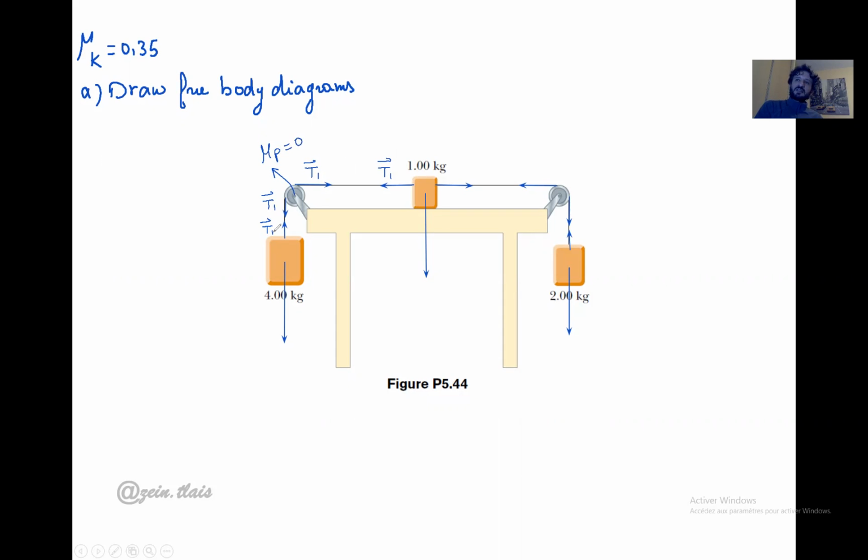We can say the tension at the left and right side is the same, and the same for the second cord. We have T2, T2, and T2, because the mass of the pulley equals 0 and also frictionless.